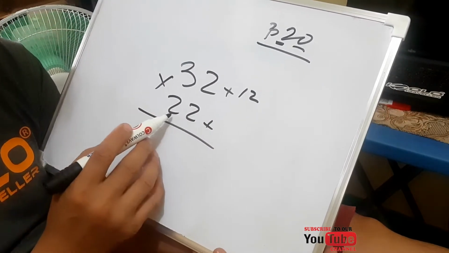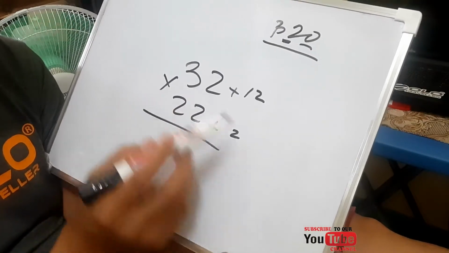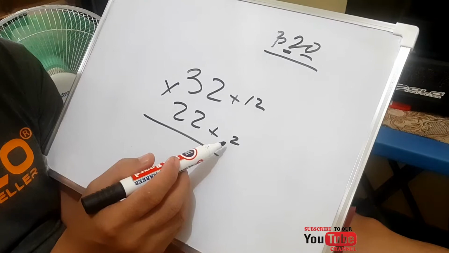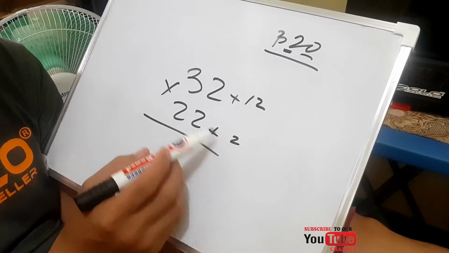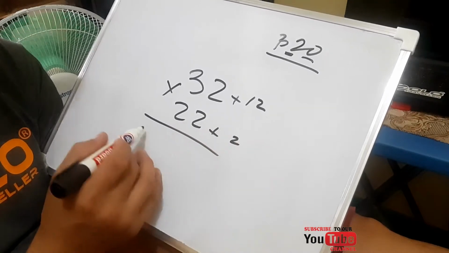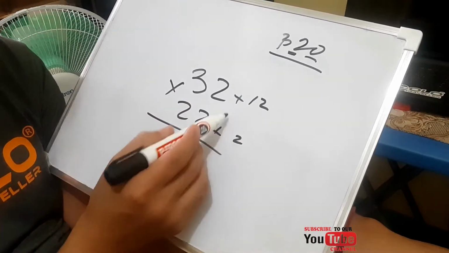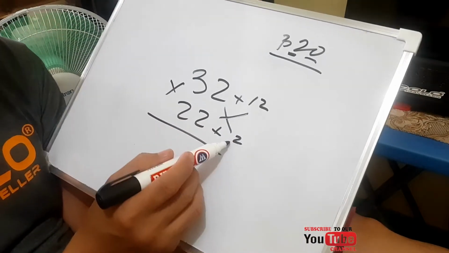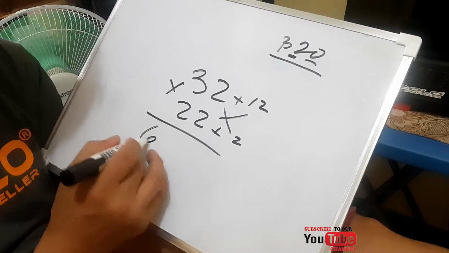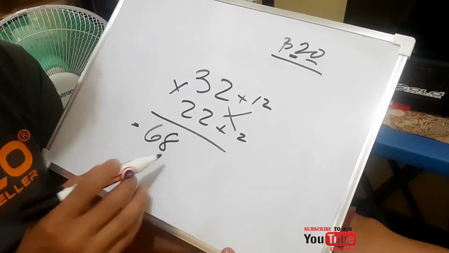And the distance of this from 20 is 2. So either in a cross pattern manner, 32 plus 2 is 34, or 22 plus 12 is 34. Okay, but before you put 34 here, you have to double it up. 34 times 2, 68.